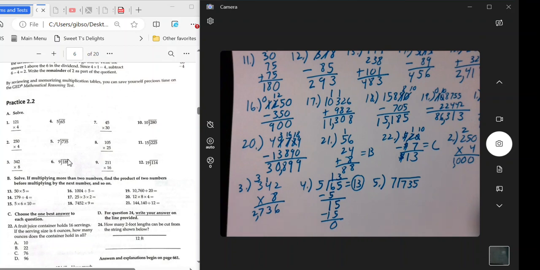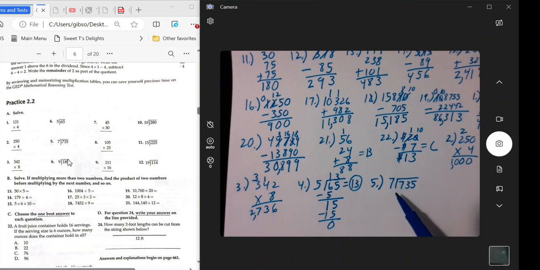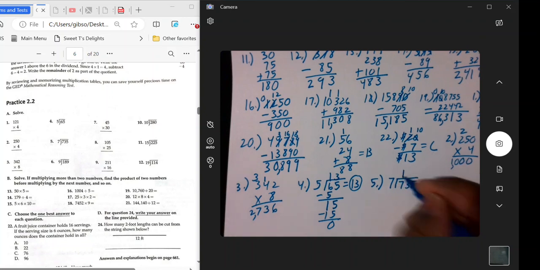Okay, so now we go back to problem number 5. We have 7 into 735. 7 goes into 7 once. So 1 times 7 is 7. That's 0. And then you bring down your 3. You only bring the digits down one at a time.